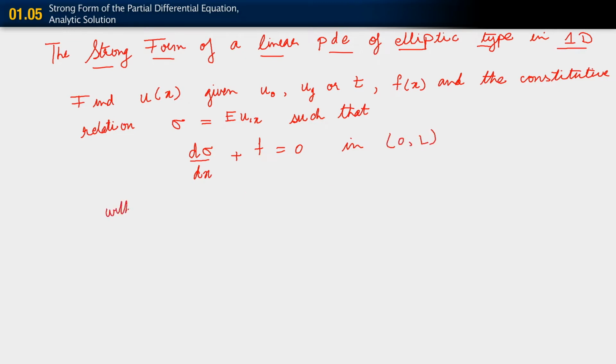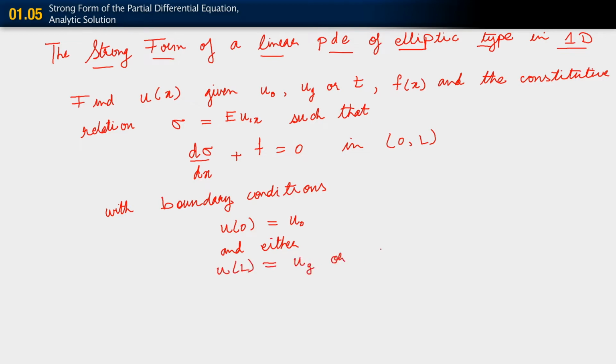with boundary conditions, the boundary conditions being u at 0 equals u naught, and either u at L equals u given, or sigma at L equals t.